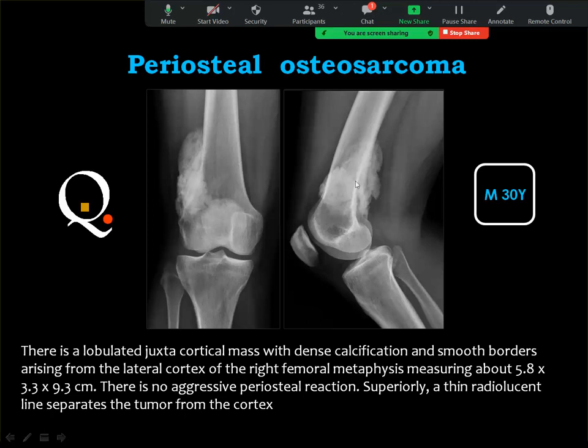Parosteal osteosarcoma is a big mass of bone tissue that is related to the periosteum or the cortex of the bone.